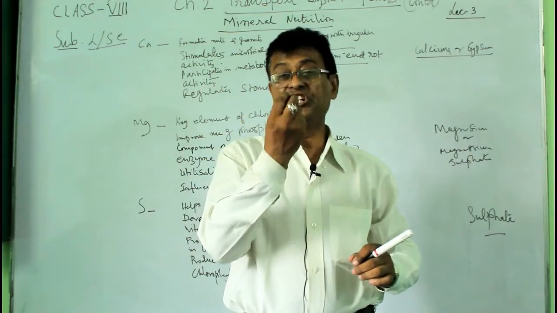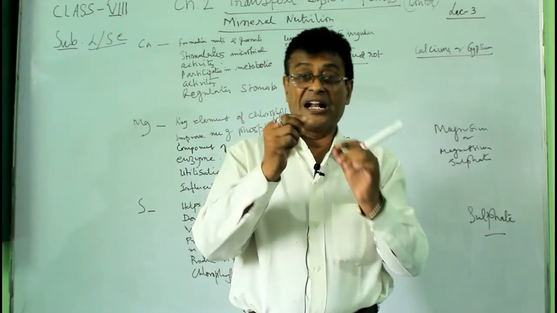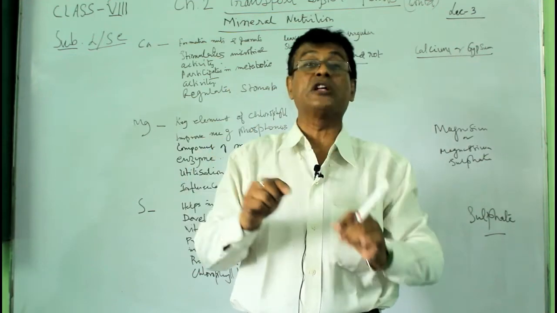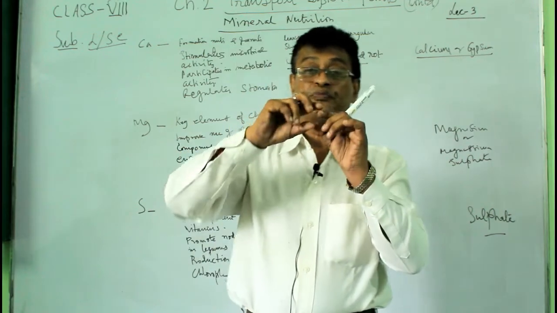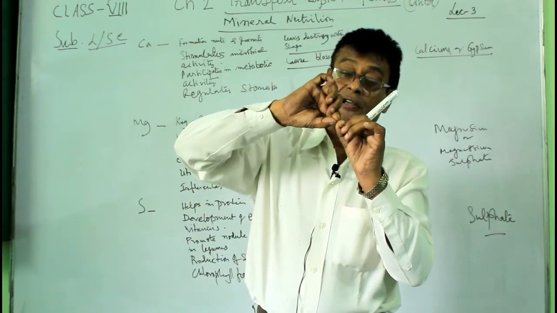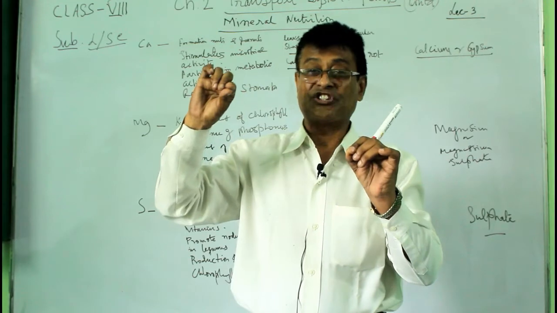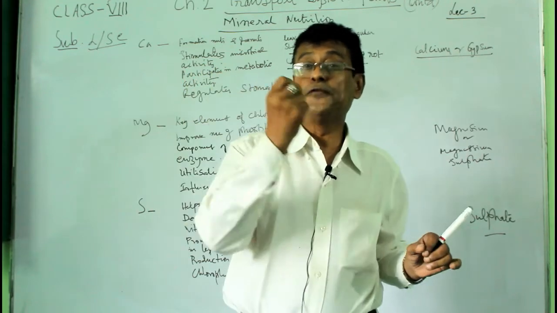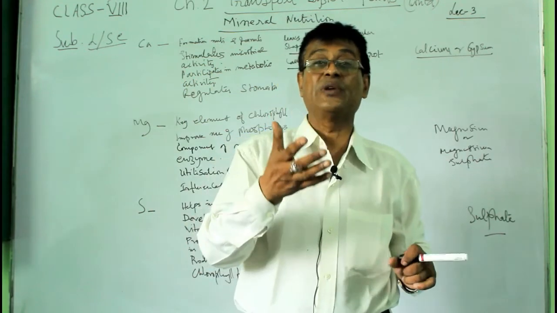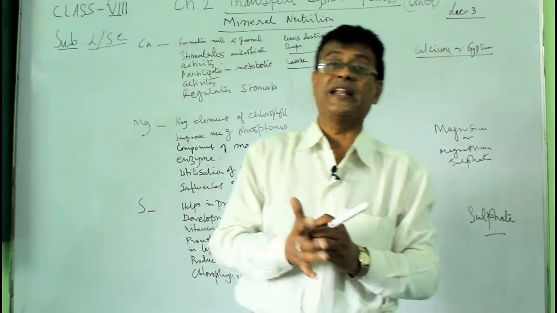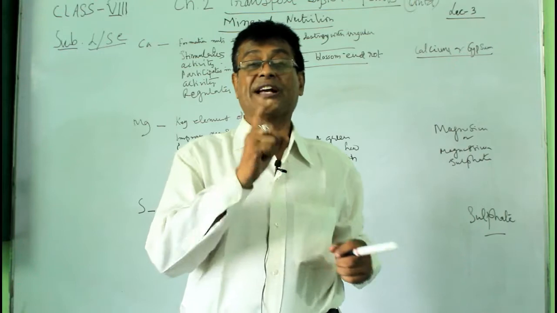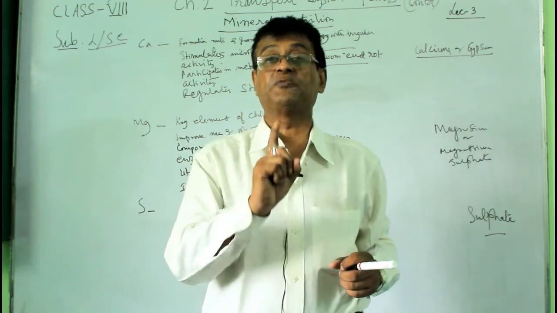Have you eaten peas? Peas are arranged in a case that is known as a pod. So there are many plants where the seeds are kept in an extra case, which is known as a pod. Pod bearing plants come in the category of leguminous plants.